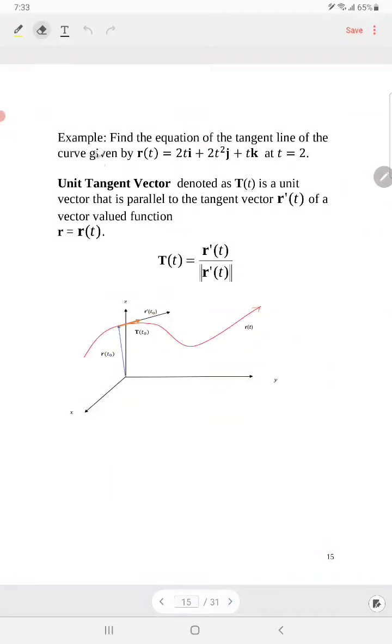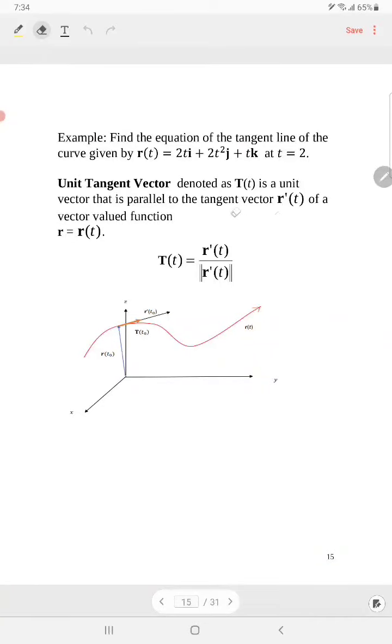the next one is unit tangent vector. I will go to this example later. For unit tangent vector, when you see unit, what should come to your mind is the magnitude is 1. So unit tangent vector, denoted by T, is a unit vector that is parallel to the tangent vector r prime.